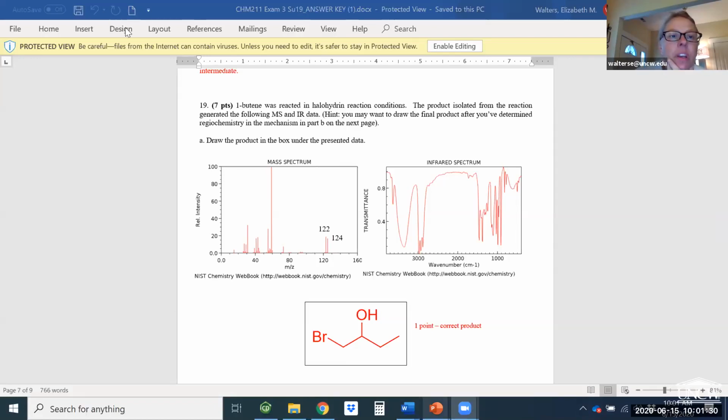In this case, it's really important that you know what the words mean. So halohydrin means that you're going to add a halogen and an OH group.